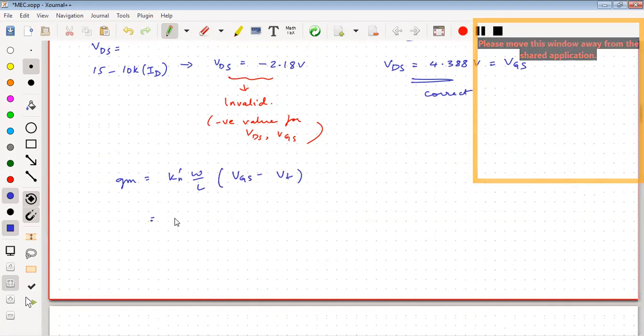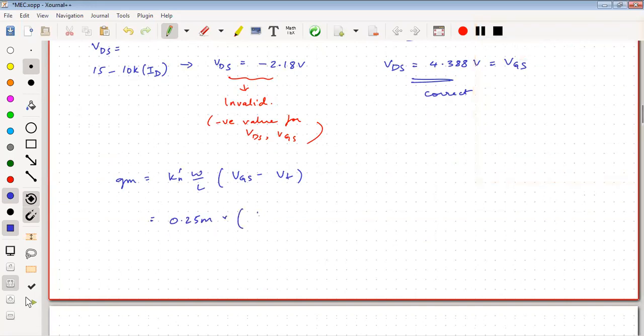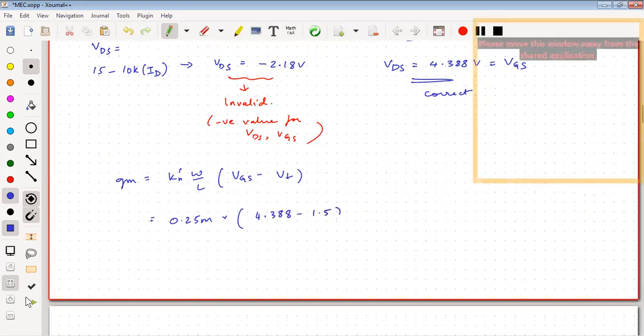So this is 0.25 milli into VGS, which is 4.388 minus 1.5.